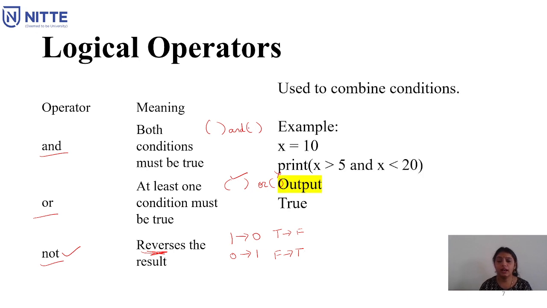For example, x is equal to 10, and you're checking that the x value has to be greater than 5 and the x value has to be less than 20. If both conditions are true, then only the output will be printed as true. Here, to merge these conditions and check both, you will be using the AND operator.